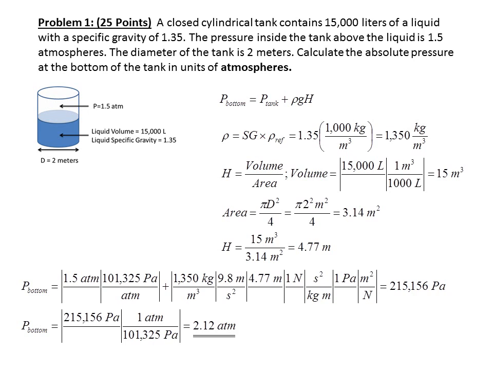Plugging in our numbers, we determine that the pressure at the bottom of the tank is 215,156 pascals. We then can convert that back to atmospheres, and the solution of our problem will find that the pressure is 2.12 atmospheres.